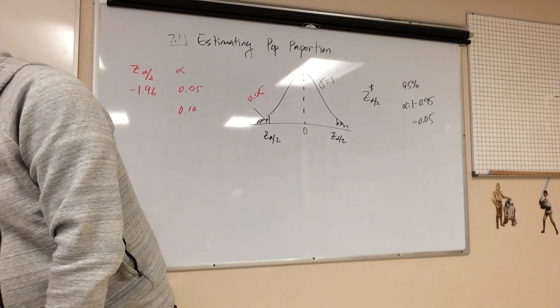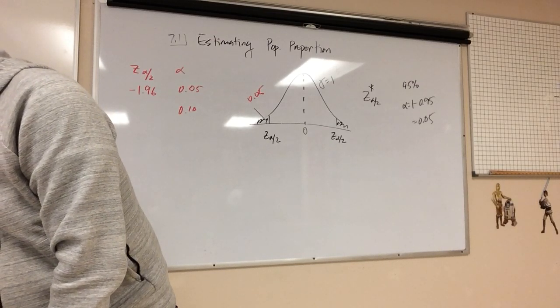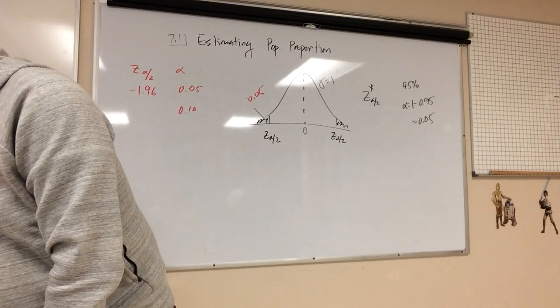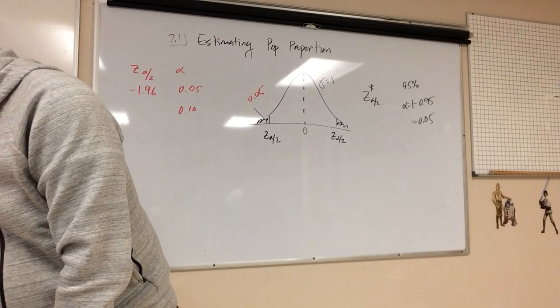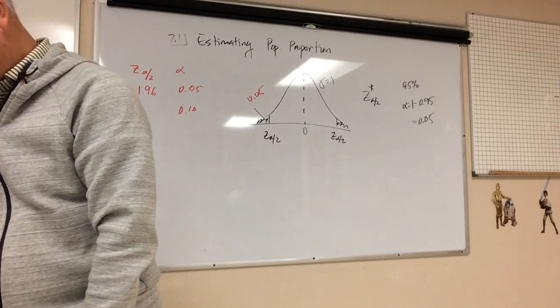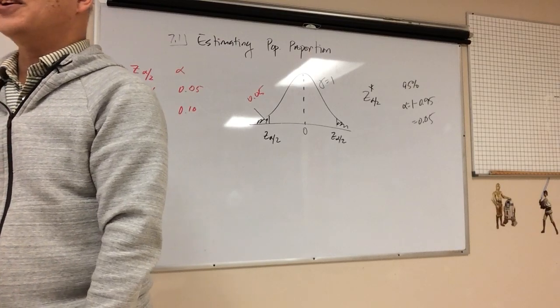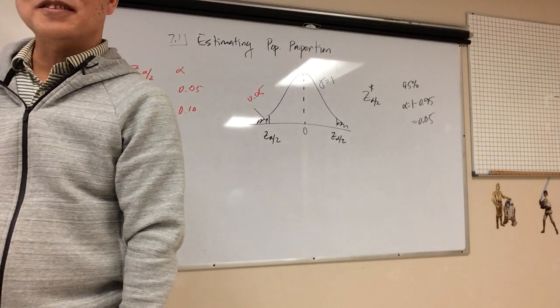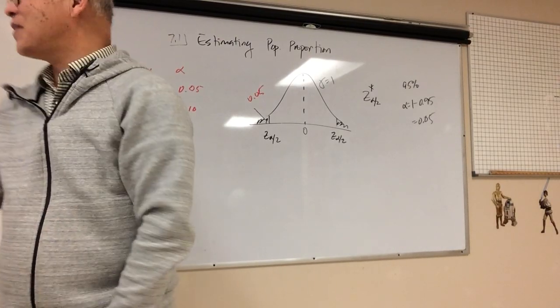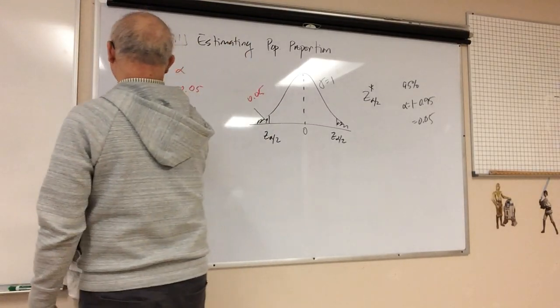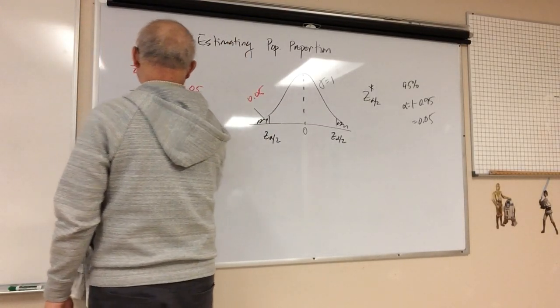Where is it 0.05? Negative 1.645. Where does it say that? There's a little star. Do you see on the very bottom where there's that little arrow that goes down there?